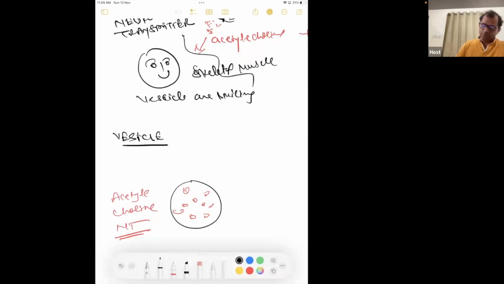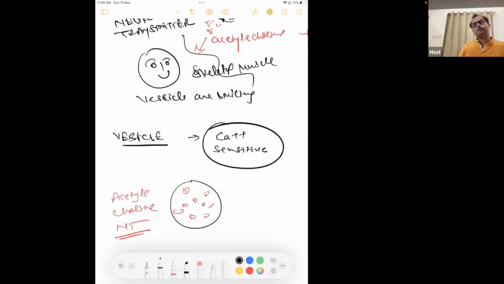So we can tell vesicles are calcium sensitive, right? Calcium sensitive. And they attach the calcium on the surface. So they are calcium sensitive.